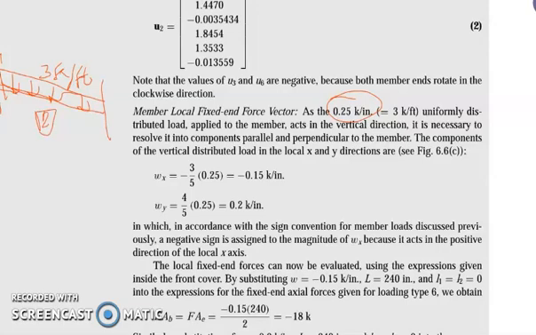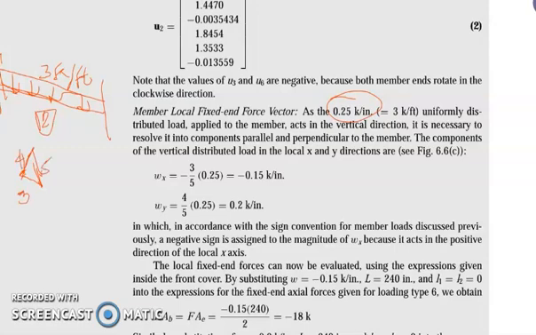Since this is an inclined position, we're going to resolve this into components, our x component and our y component. We have to take note that the slope, which we have computed, is 3, 4, 5.